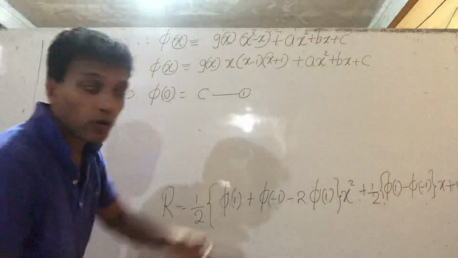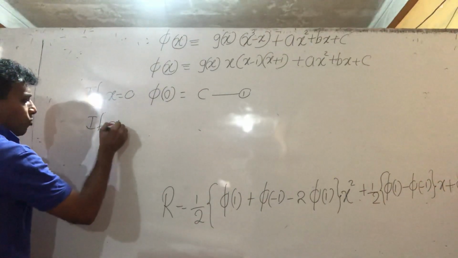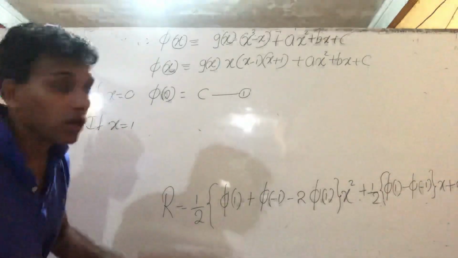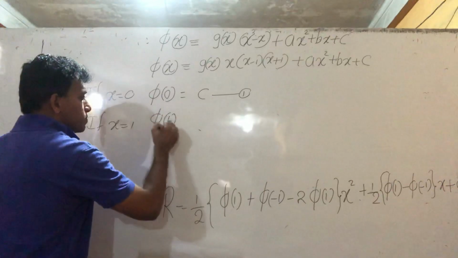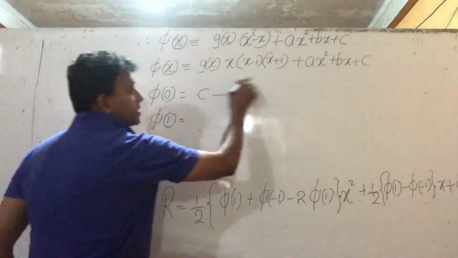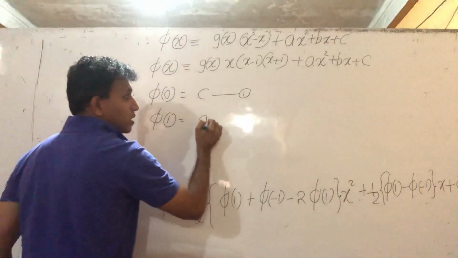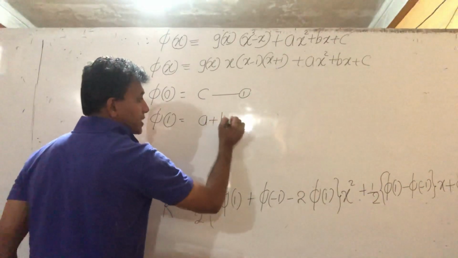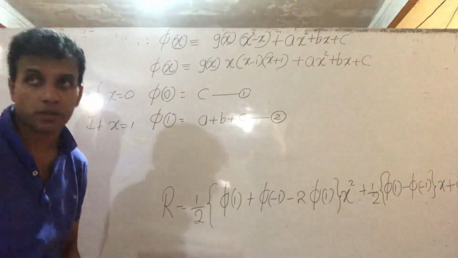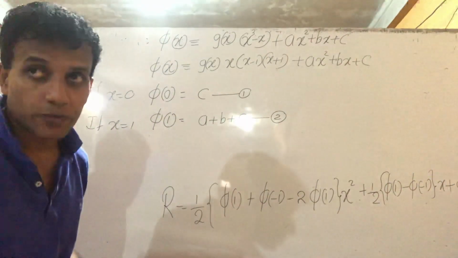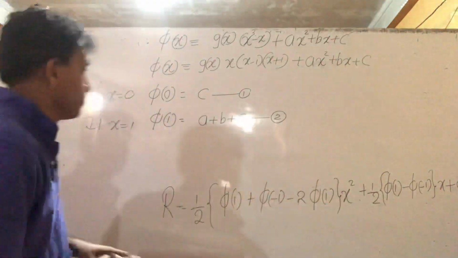Next one, put x for 1. If x equals 1, here phi of 1, 0. Put x for 1: 1 times a, 1 times b, plus c, the second equation. Next one, put x for minus 1.